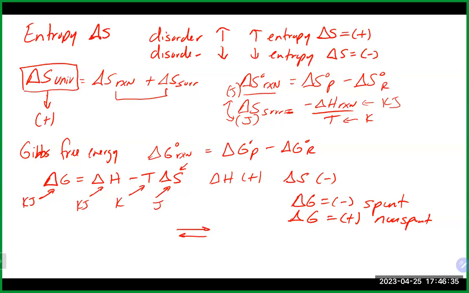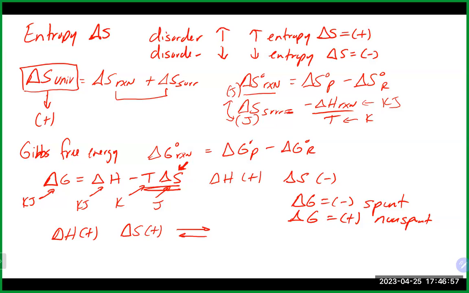Same thing as well if you had a positive delta H and a positive delta S. That would mean that the only way for the back side to beat out the front side, the delta H, is you would need a really high temperature to do that.